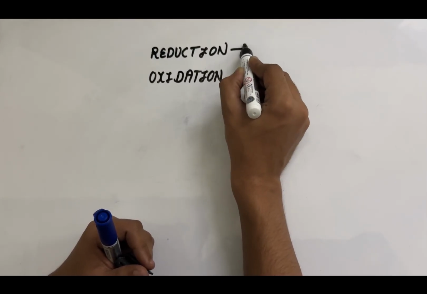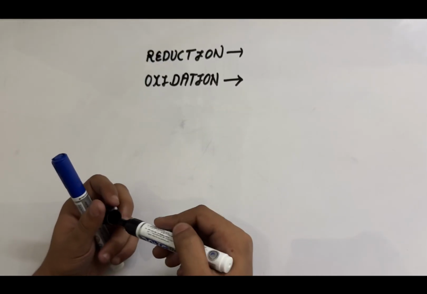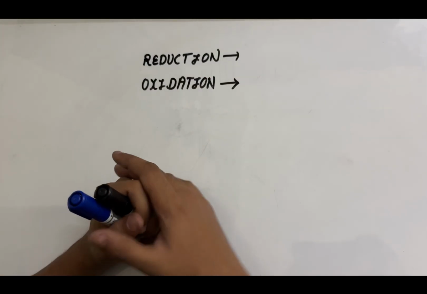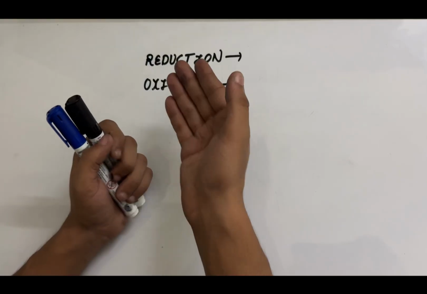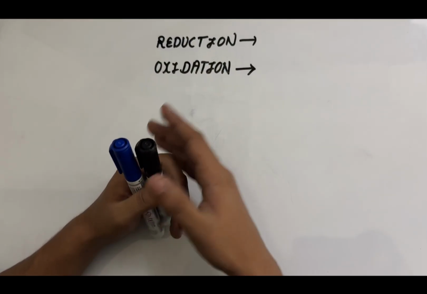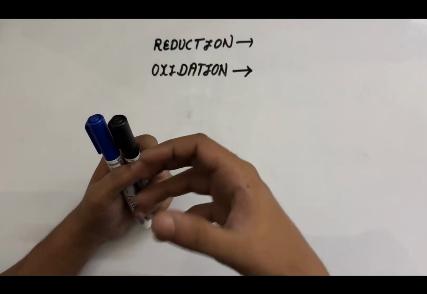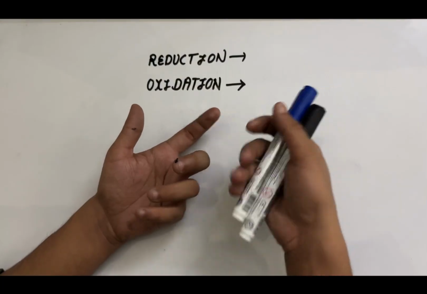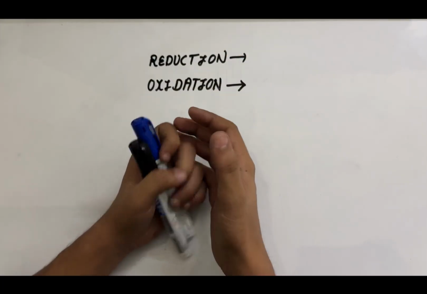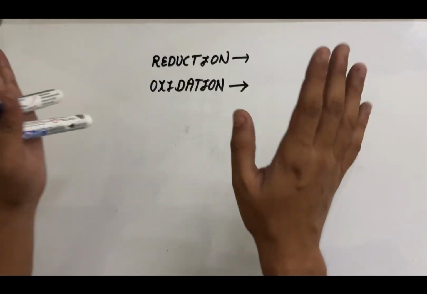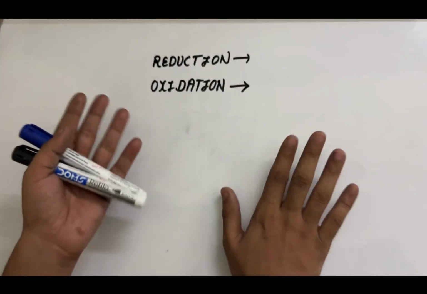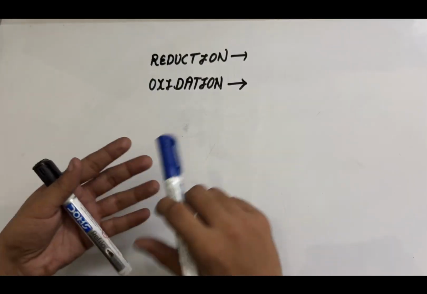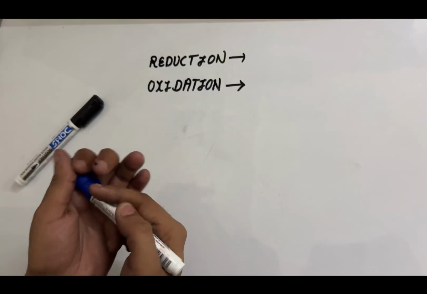Here we will not focus only on the bookish language, although in IMAT or other competitive exams they can ask the exact definition, so it is important to know that reduction is gain of electrons and oxidation is loss of electrons. But we have to understand what this means.